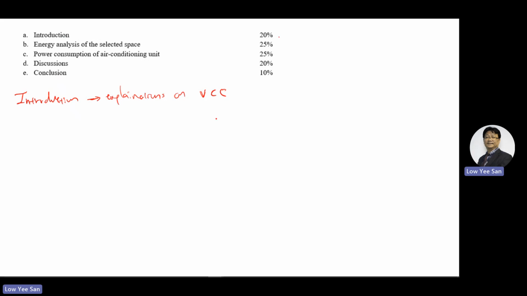Okay, so explanation on VCC, vapor compression cycle.